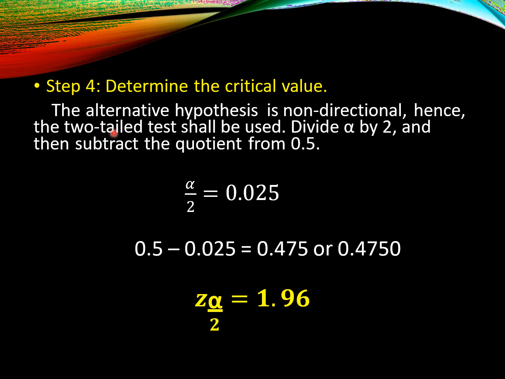Sir, what if it is one-tailed? Then there is no need to divide alpha by 2; subtract it right away from 0.5. That's all, okay? So for our critical value, you can write CV here instead of Z so you won't be confused with the z value from the third step. Our critical value is equal to 1.96.